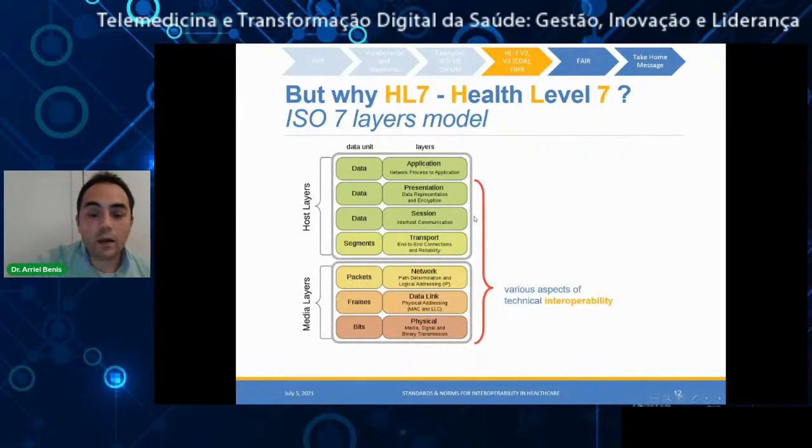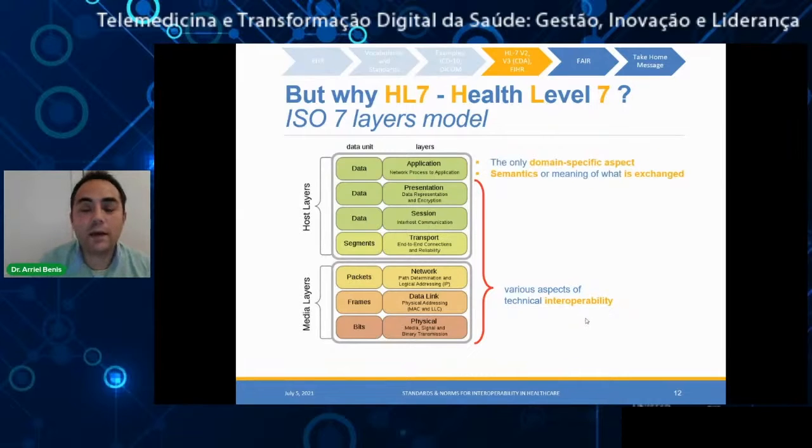So communicating data between systems is related to interoperability of the systems specifically, and we can also be specific not to devices but to domain aspects, like following patients with diabetes or pregnant women, and also taking into account the semantics of the communication itself.